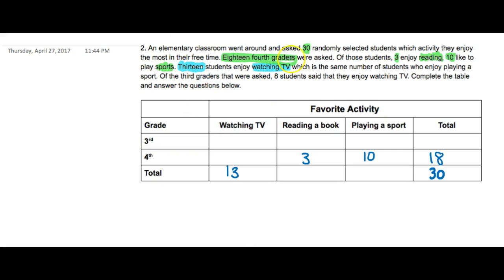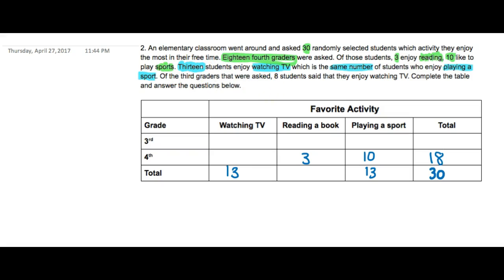And then it says, which is the same number, so that's going to be another 13, of students who enjoy playing a sport. So under my total for those who like playing sports, I'm also going to say 13, because they told me that it's the same number.